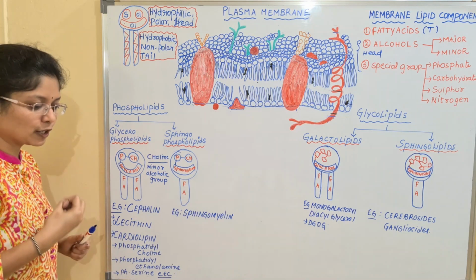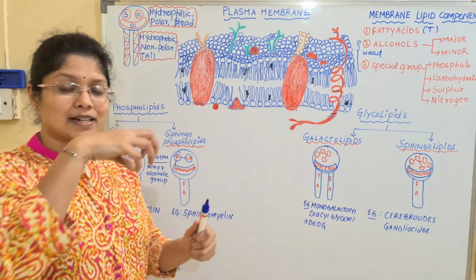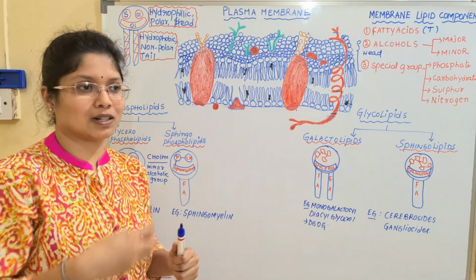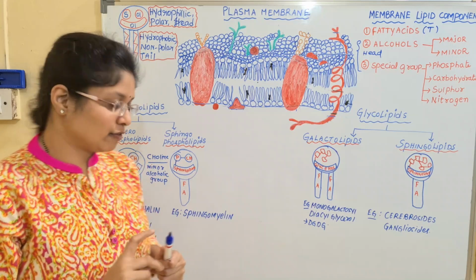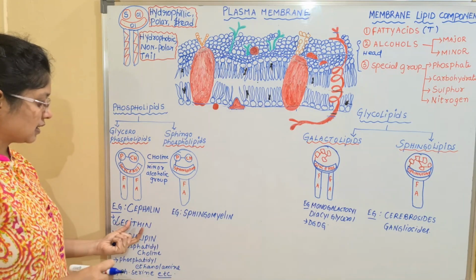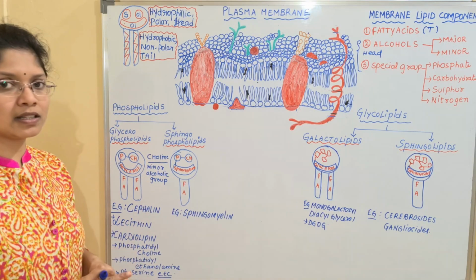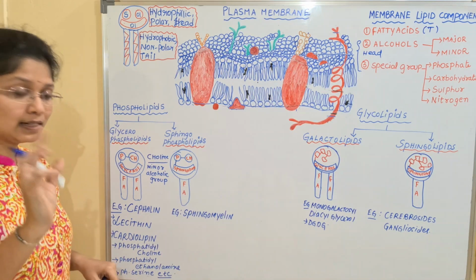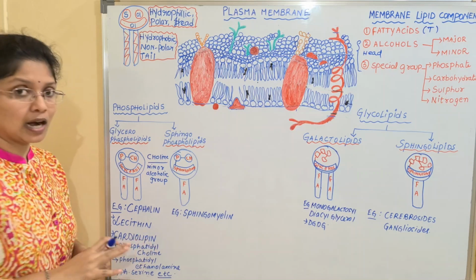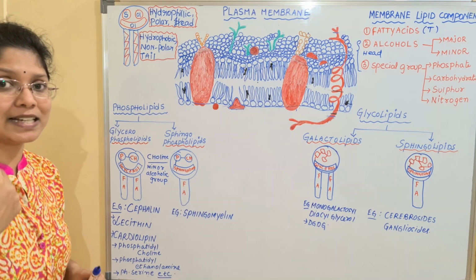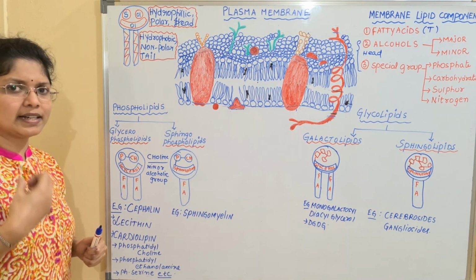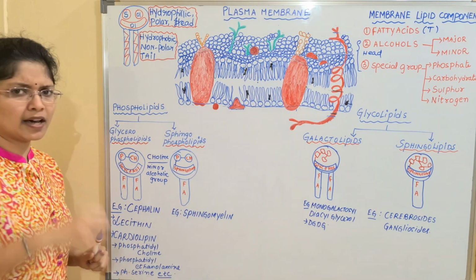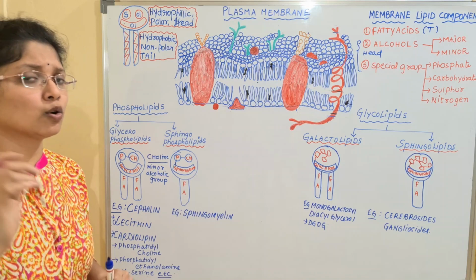Some lipid molecules are concentrated in specific membranes like brain tissue or heart tissue. Lecithin is associated with nervous tissue. Another most important one is cardiolipin. It is a kind of acidic lipid, and it is restricted to the mitochondrial membrane.